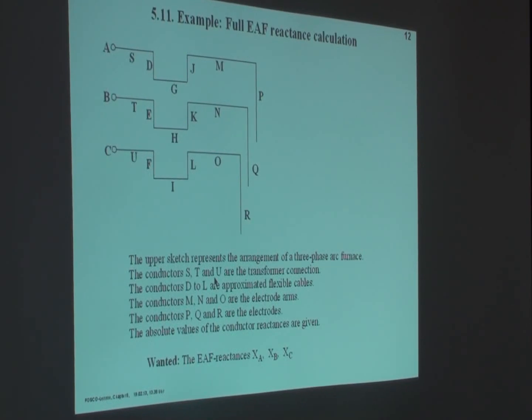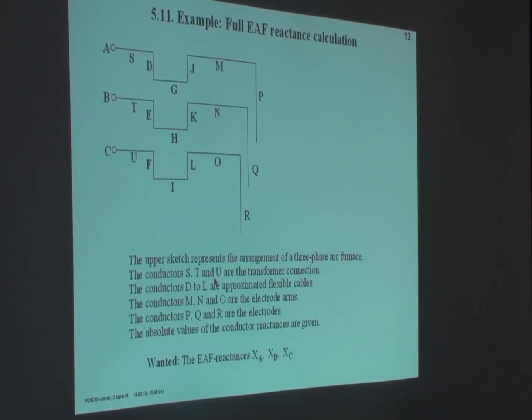XSG is XGS. 2 times XSG, GS, yes. And SM. Why 2 times? SM, MS. SM we have already, yeah?